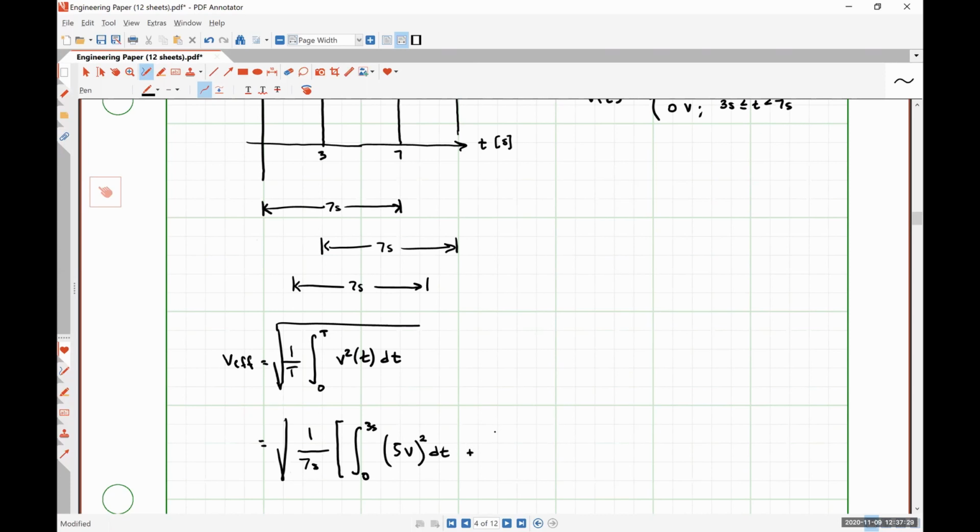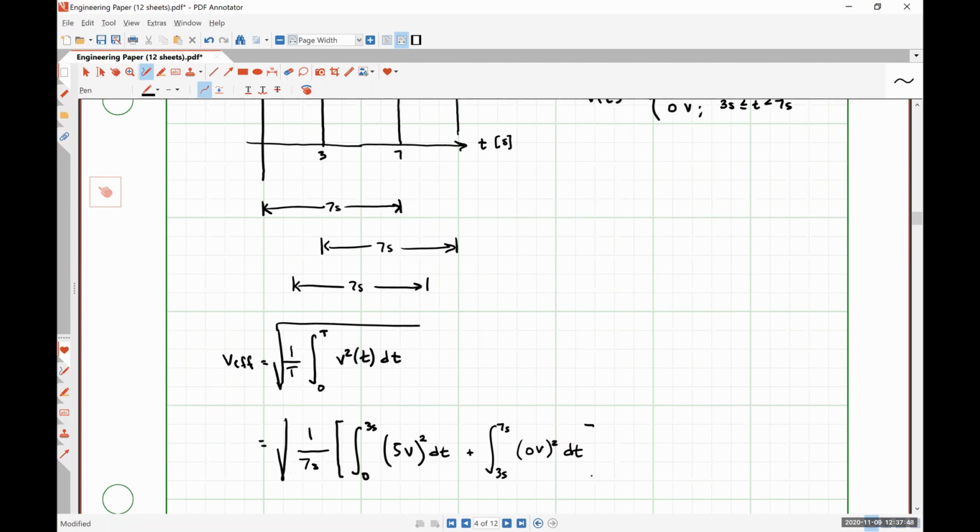And then I'm also going to have the integral from 3 seconds to 7 seconds, the second part of our period, where I'll be integrating 0 volts quantity squared with respect to time.